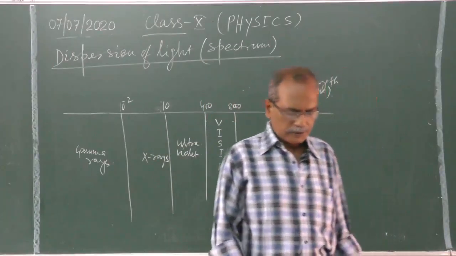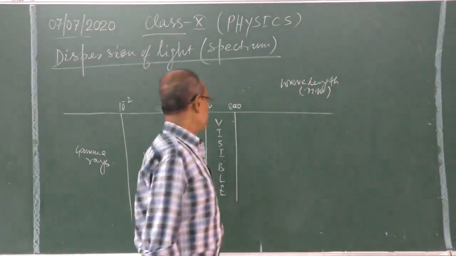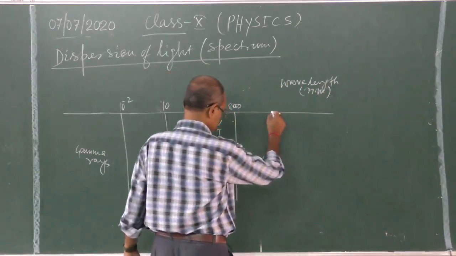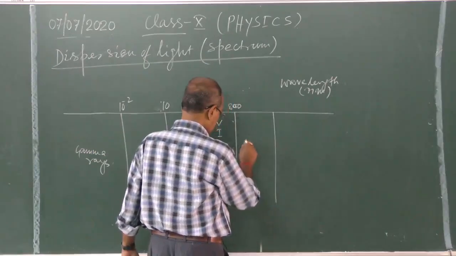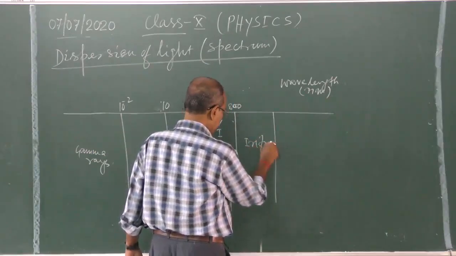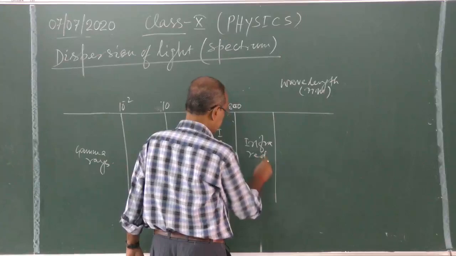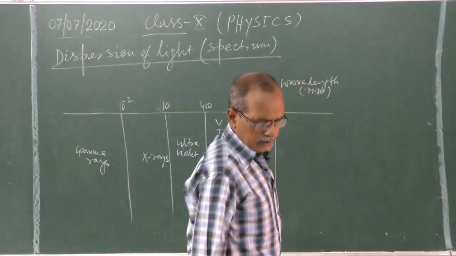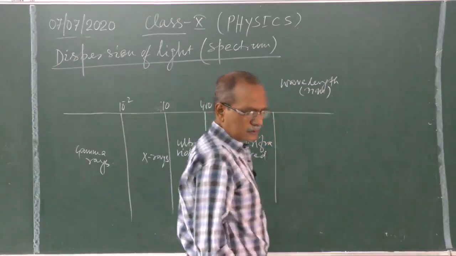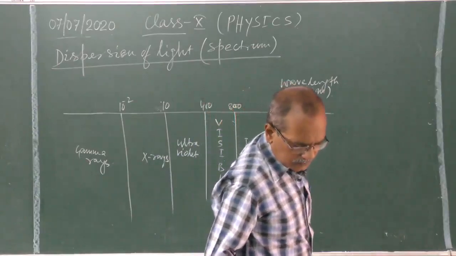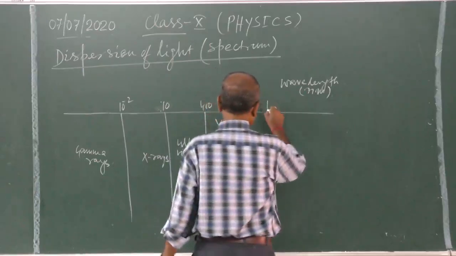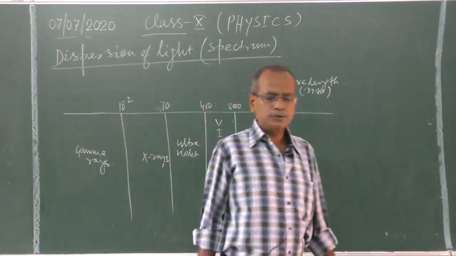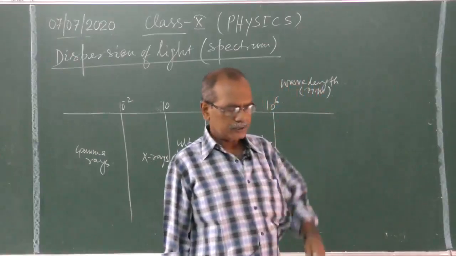Now, this side, above 800 nanometer, as I told you, is the infrared region. Infrared region is 800 to 10 to the power 6 nanometer.